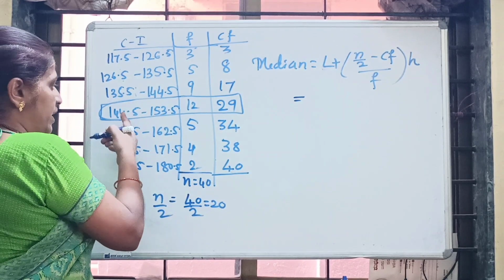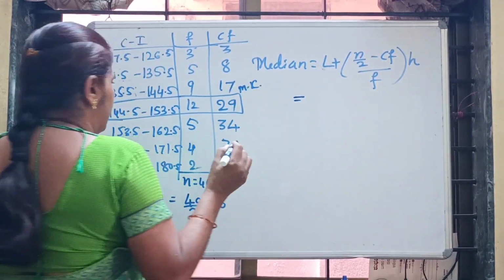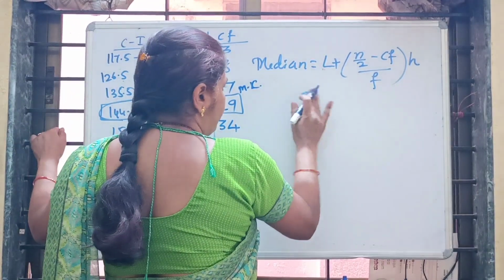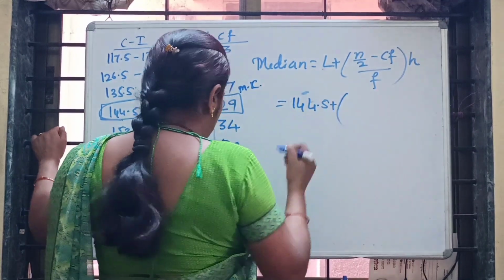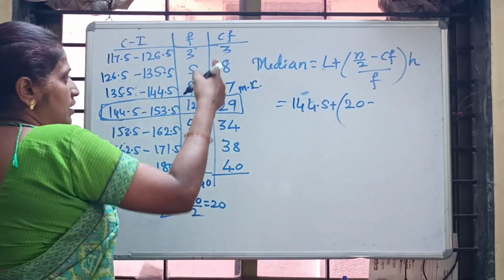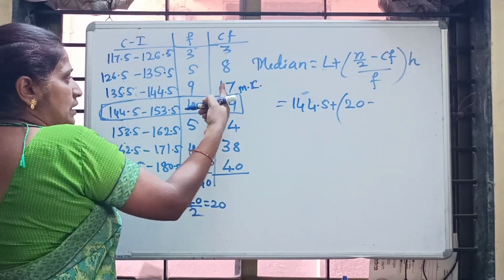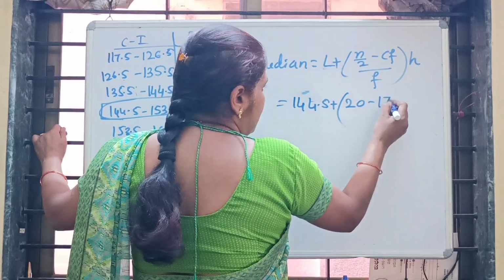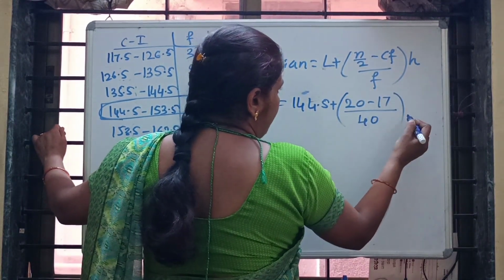So the lower limit of the median class is 144.5. 144.5 plus n by 2, already we got 20. Cf is the cumulative frequency previous to the median class, that is 17, divided by f, and n is 40.